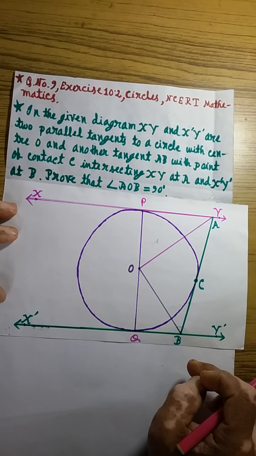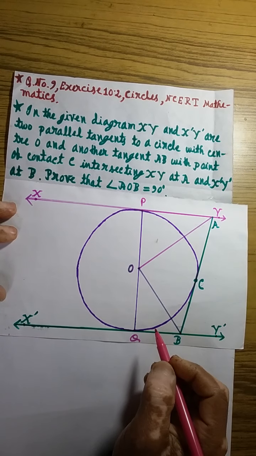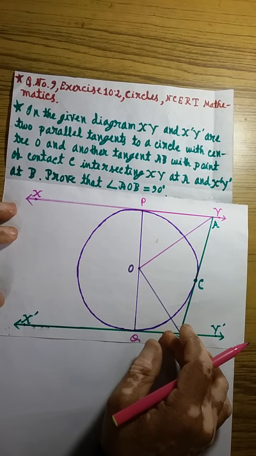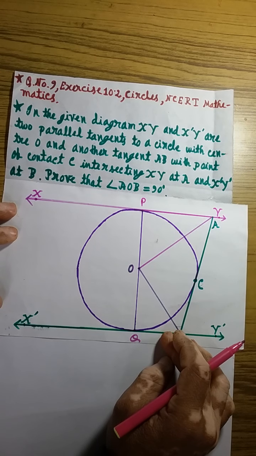So to do this sum, we must have these pre-knowledges first. Number one, the sum of the measures of all three angles of a triangle is equal to 180 degrees.